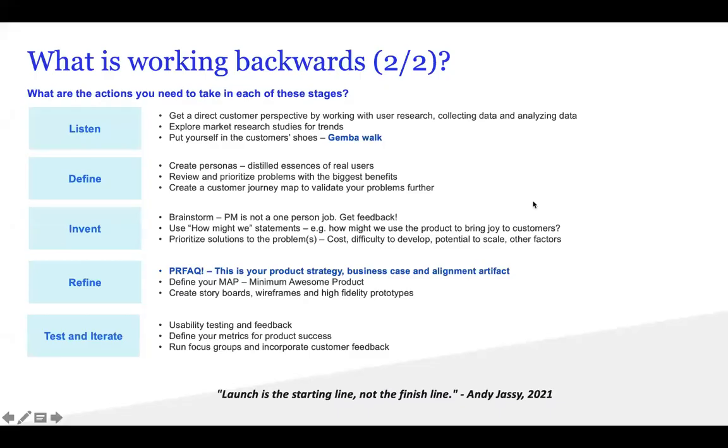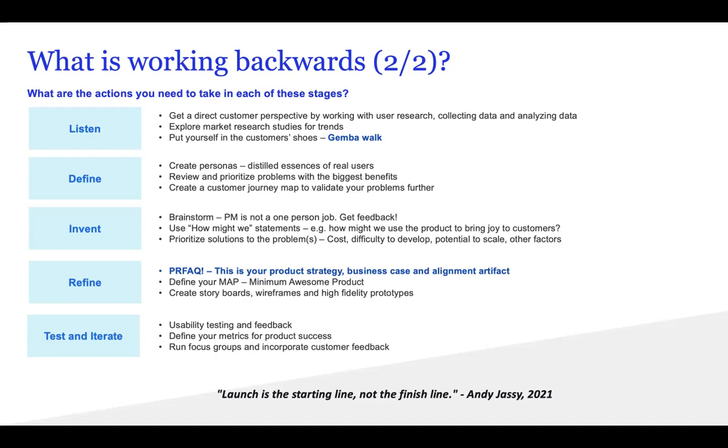So let's talk about the second part of working backwards. What are some of the actions that you need to take in each of the dimensions that I identified before? Number 1, in the listen phase, you want to work directly on gaining the customer perspective, collect data, analyze data. You can also explore third-party market research studies, either by consulting companies or by putting out your own requirement for a study to be done.